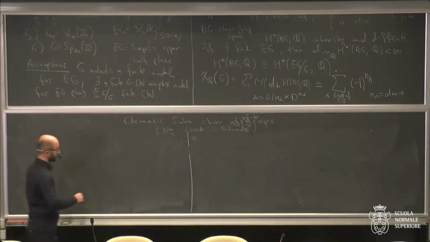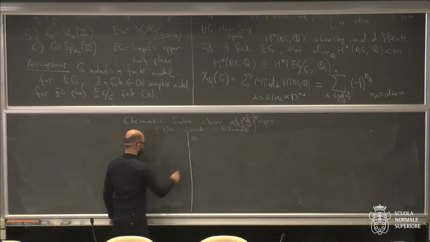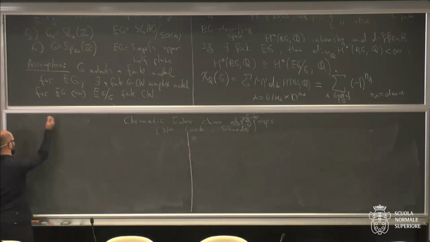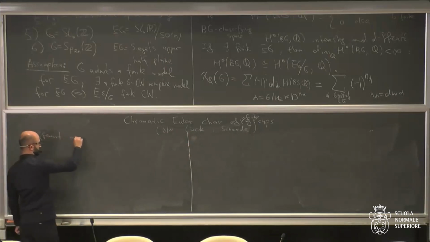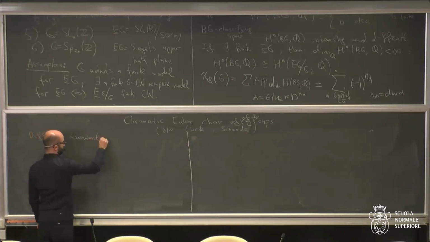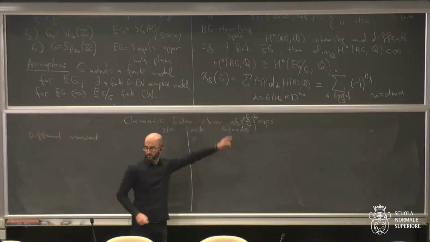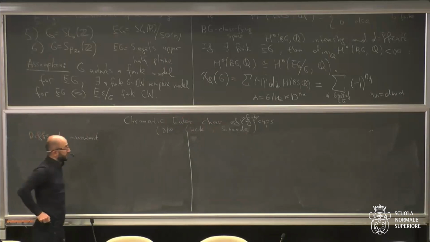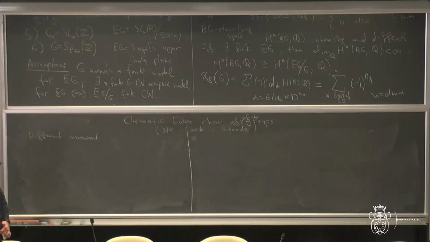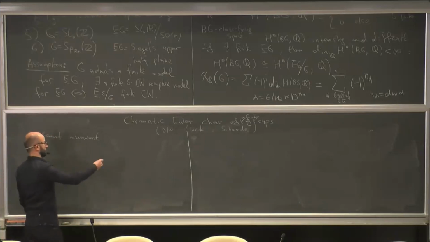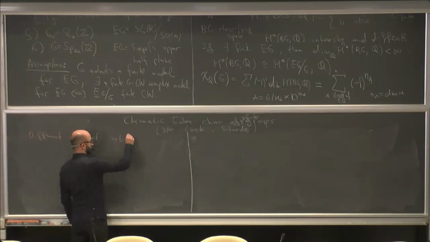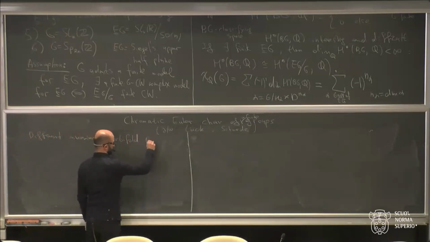So there is a different invariant that is used to compute this, one of the basic invariants for groups. I mean, as far as you are interested in group cohomology, if you can't compute it, maybe at least you can compute this, but this is also difficult. A different invariant, and this is called the orbifold or orbispace Euler characteristic.